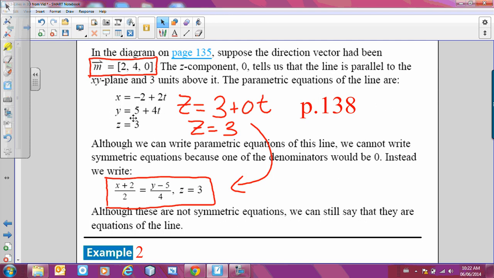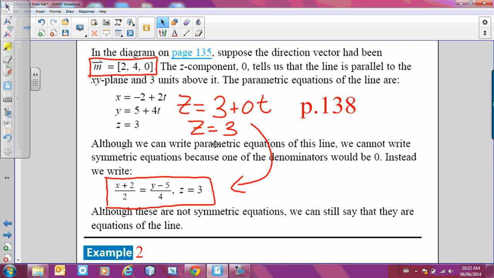Again, this was the point in the example and in the book, not too important for what we want to get through here. The key, of course, is the z. Z is just the number 3. Sorry, the equation for z is just z equals 3. And that is basically because of the multiplying by 0, we have 3 plus 0t, or z is just 3.